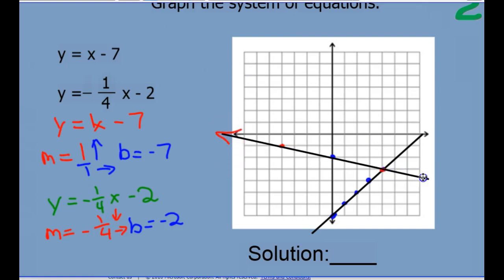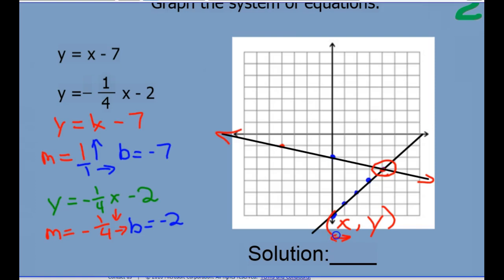Now as you can see, our lines cross at this point right here. The solution to our problem is the coordinates of that point. So when we have coordinates, we have x, y. For x, we're going to go left or right.